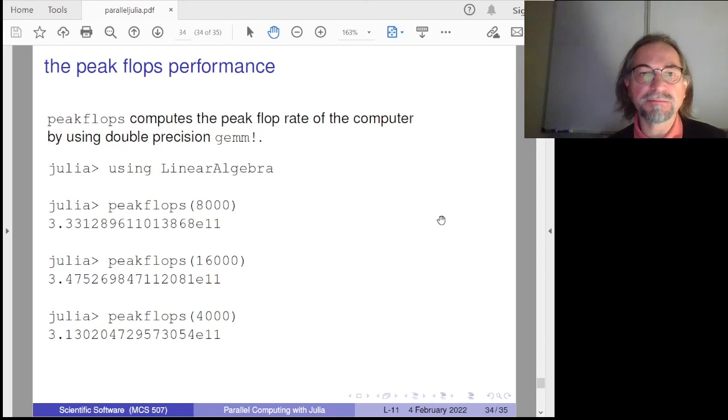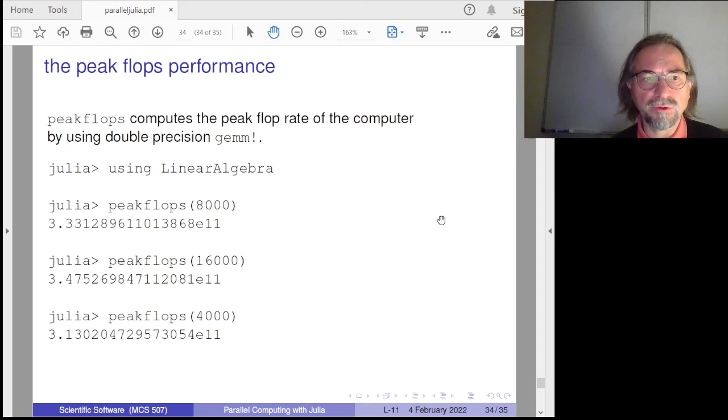The BLAS example also provides me an opportunity to talk about performance. So you can check on your computer how performant your computer is. So there is the flops.